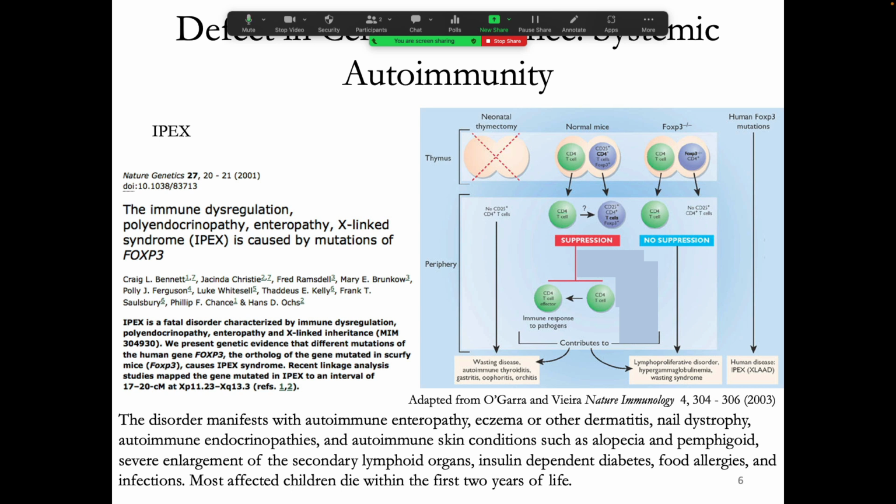In any case, this disease, also a defect in central tolerance, is known as IPEX. IPEX is found mostly in boys because this gene is X-linked.